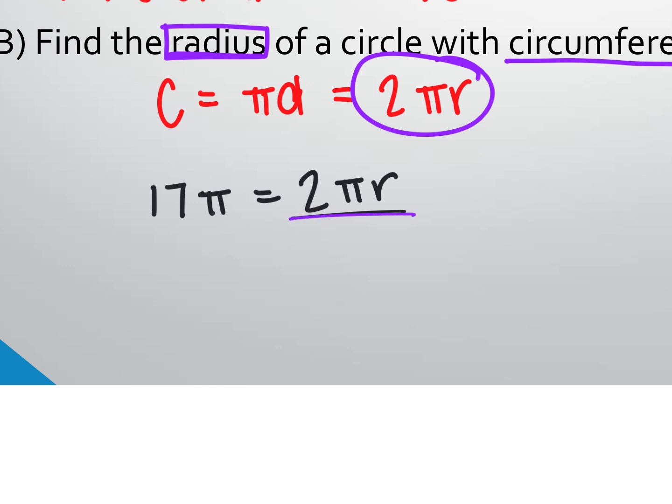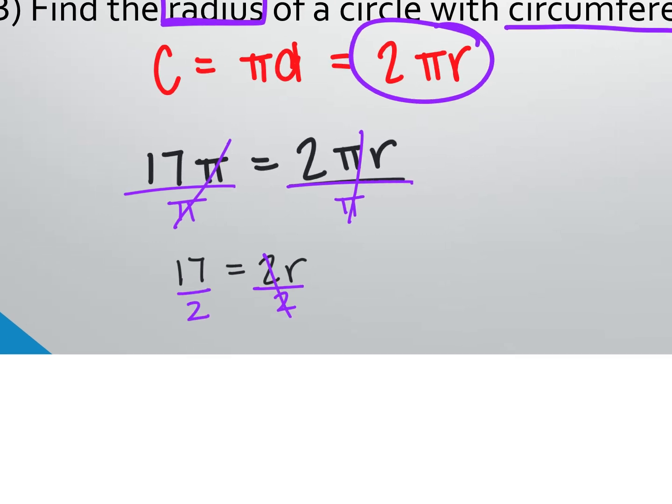Okay, if you want to do it in steps, just to double check, you can divide it in steps. So let's just divide pi first. Let's do it in steps. I'm going to divide my pi. They're both eventually going to cancel out. I'm then going to have 17 equals 2r. And then I'm going to divide both sides by 2.